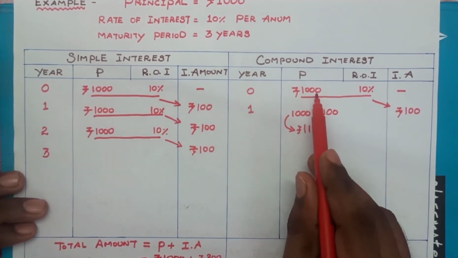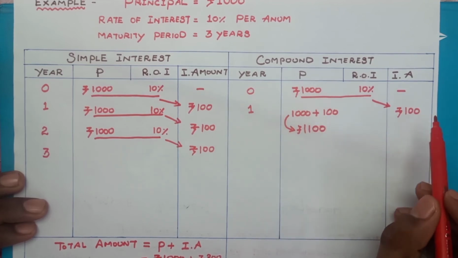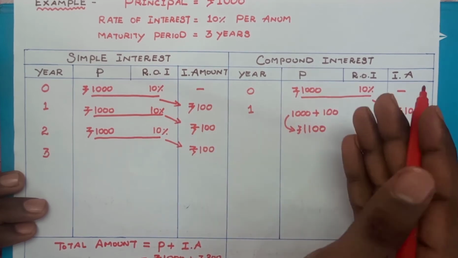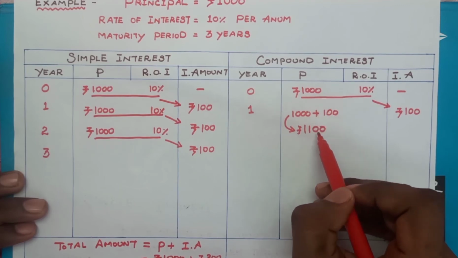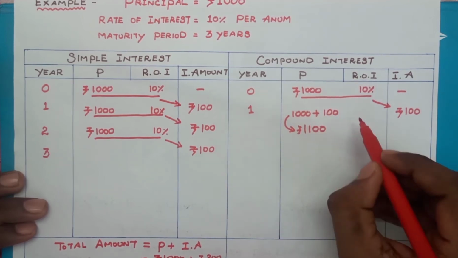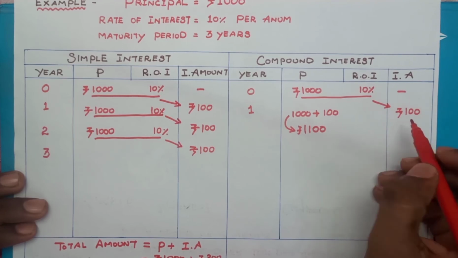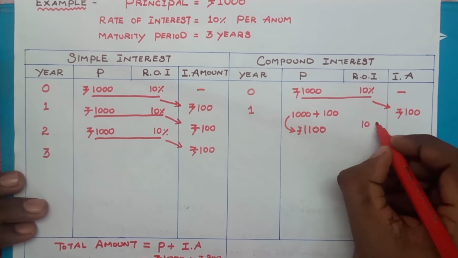Your previous year principal will be accumulated by the interest amount you get in that particular year. So your principal will be changed at the completion of every year. Here, your principal 1000 will be converted into 1100 by addition of this interest amount. And the rate of interest is the same.